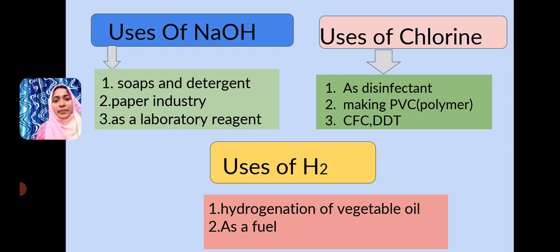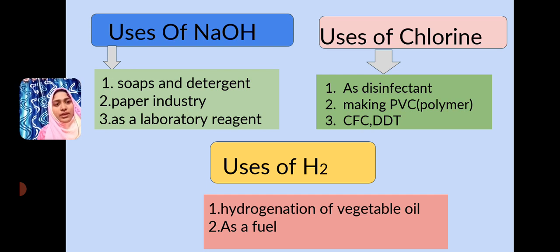We use base in our laboratory as a reagent to conduct experiments. And soaps and detergents, what you use in your daily life. Then, to produce paper, they use NaOH in the paper industry.